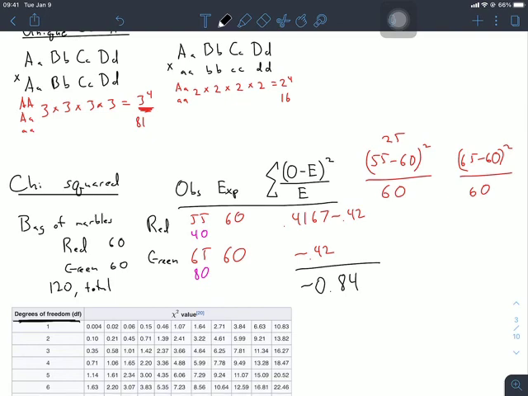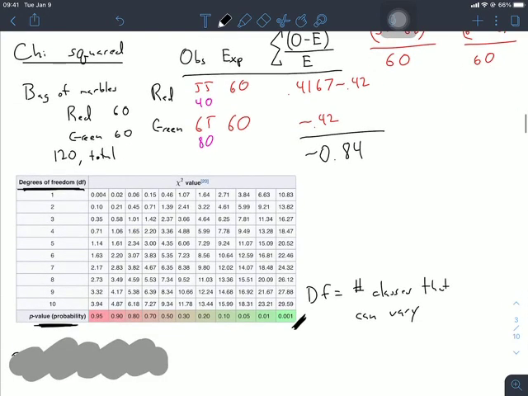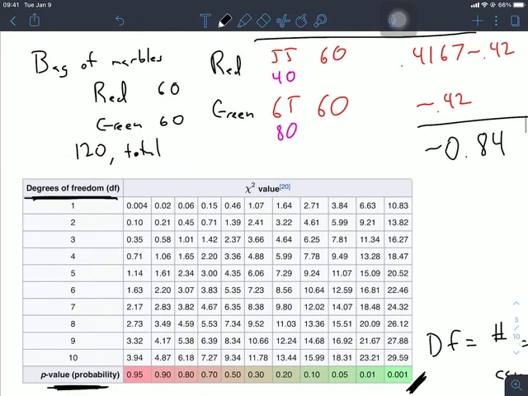Now what does that mean? Well, if we have 1 degree of freedom and our chi-squared value is 0.84, what's our probability of having gotten that number of pulls, that 55 and 65, reds and greens respectively?